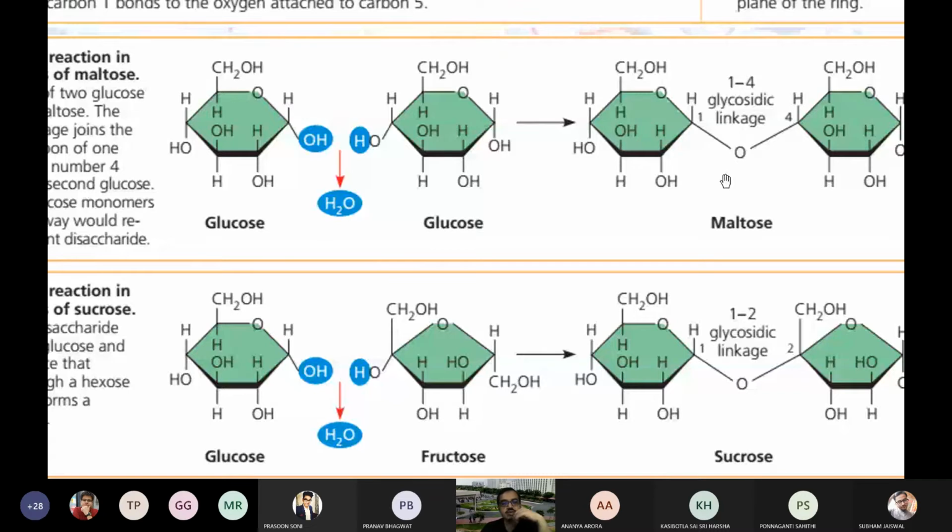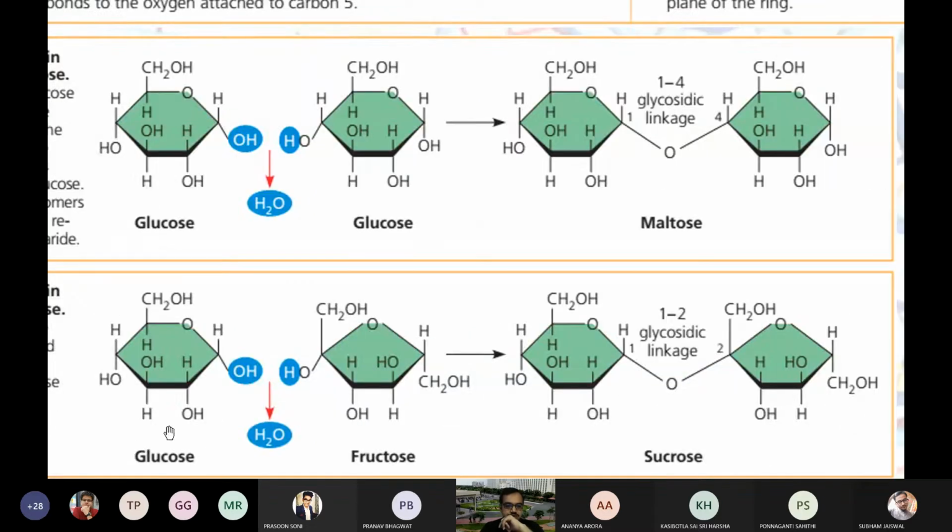Now, if you want to break this glycoside bond, similarly, a water molecule has to be consumed here, and the same OH group will be regenerated. If you break it, we call this process hydrolysis. So you can generate monomers from this glycoside linkage.